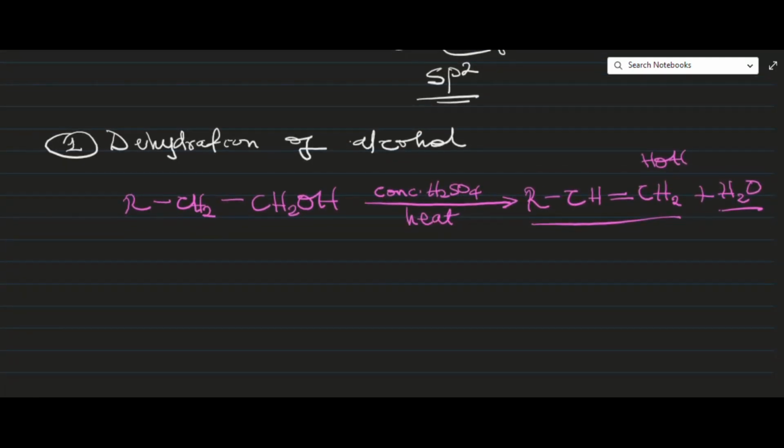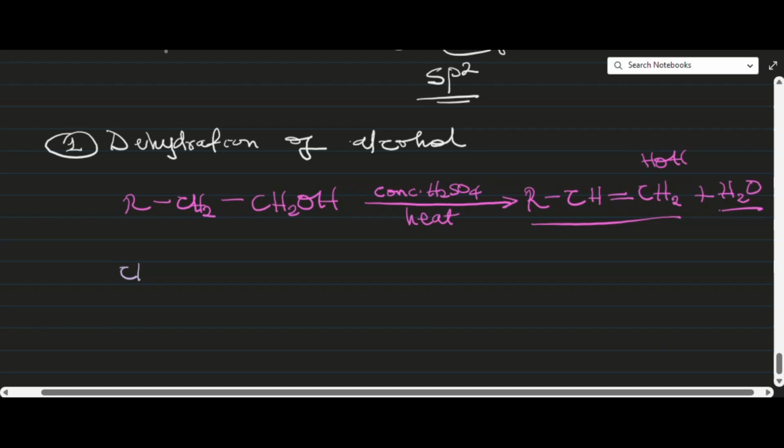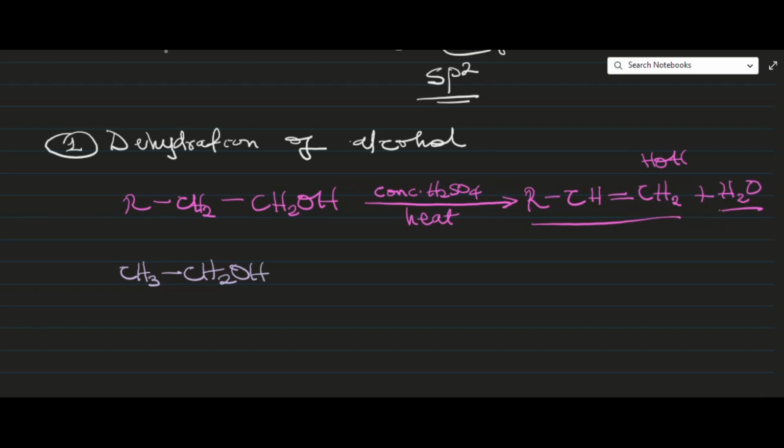So let us look at a typical example of this. We are going to use ethanol as an example, CH3CH2OH. If you like, you can draw the structure. So let's draw the structure, just a display formula so we can get it better.